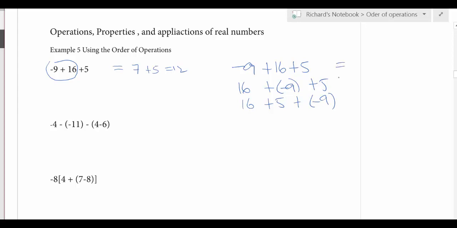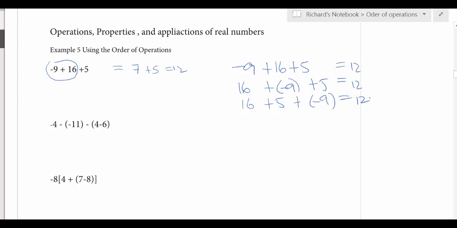It doesn't matter how you order this. You'll always get 12 for an answer if you're adding. The order in which you add numbers doesn't matter. You can add numbers front to back or back to front, any order you like. You'll always get the same answer.